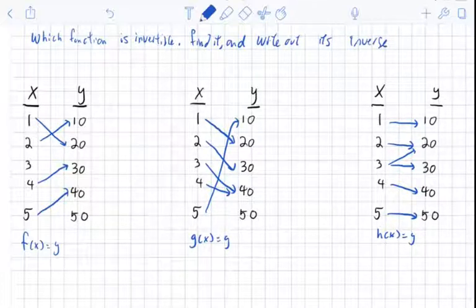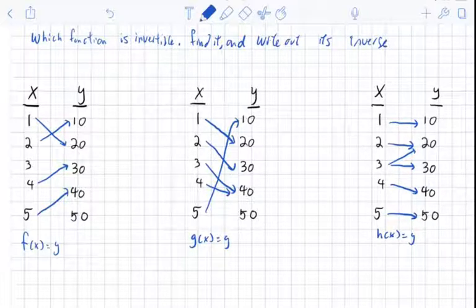Okay, so we've got three functions here. Which of these functions is invertible? Figure out which one's invertible, and then when you know which one's invertible, write out its inverse function. We'll get to that in a second. But first off, which one's invertible? That comes down to which one of these is one-to-one.